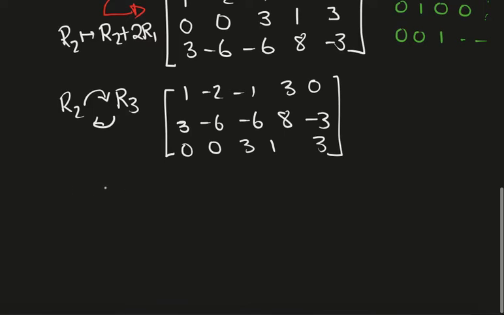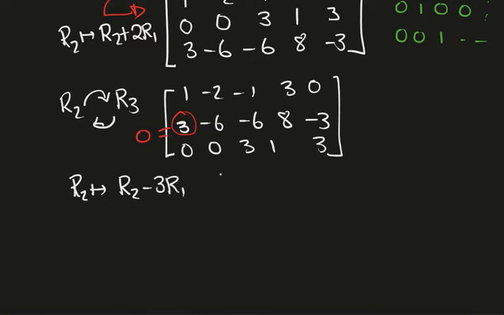Okay, now what can we do? Well, let's now try to make this entry a 0, sorry. And what we can do is we can take row 2 to now be row 2 minus 3 of row 1.